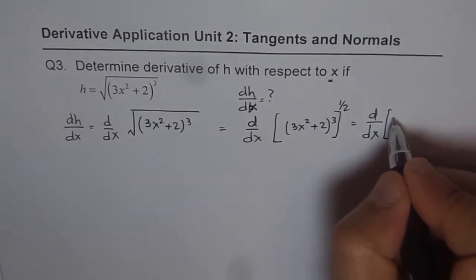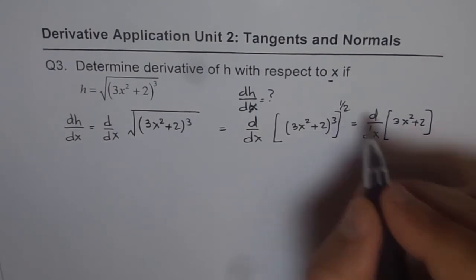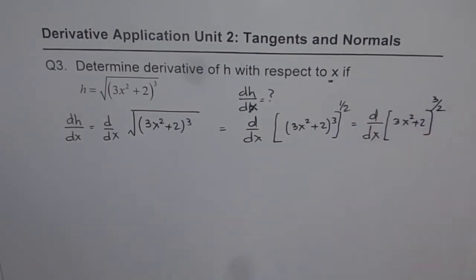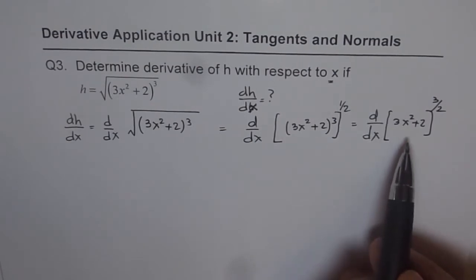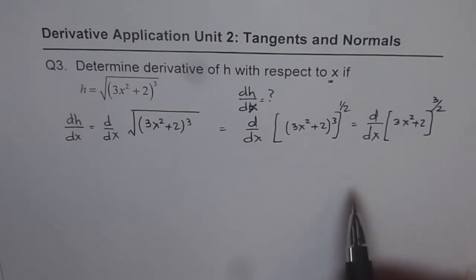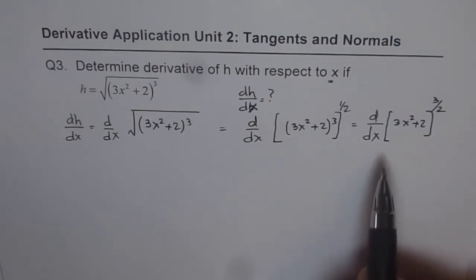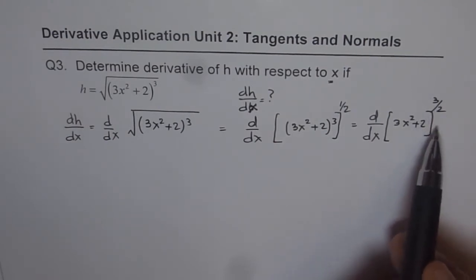So we have 3x squared plus 2 to the power of, this is cubed, so it could be written as 3 over 2. Do you understand that part? So I'm applying the function power rule, because there is a function here, so we'll use kind of the chain rule here. You can interpret it either way. So that becomes a power function where we have a rational power.